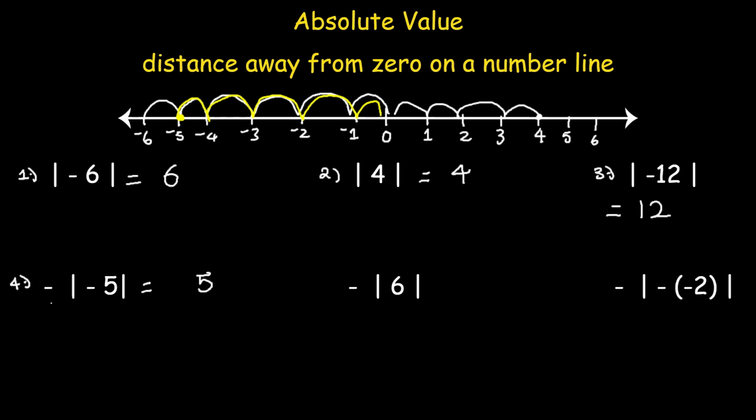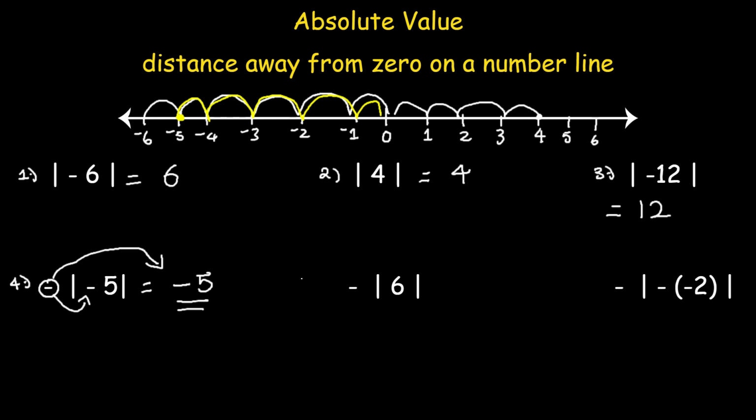But you see over here, we have a negative symbol or a minus sign. This negative symbol is not included in the absolute value. So what we need to do is transfer this negative over here, and the final answer should be -5 after solving for the absolute value of -5.